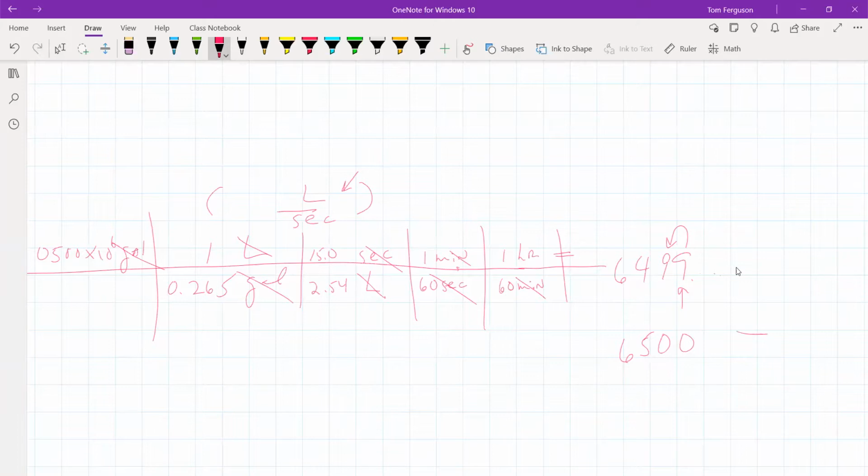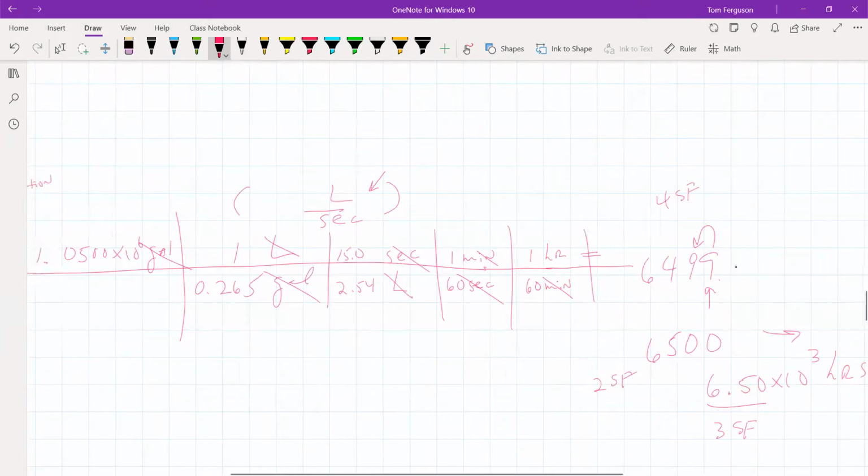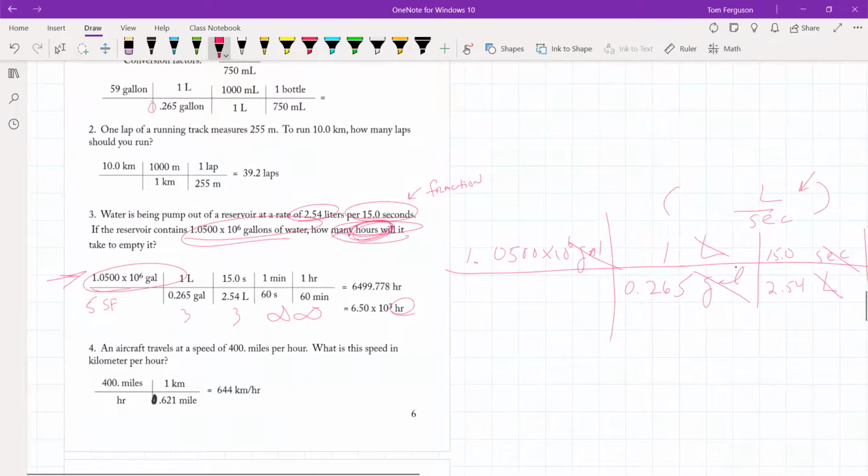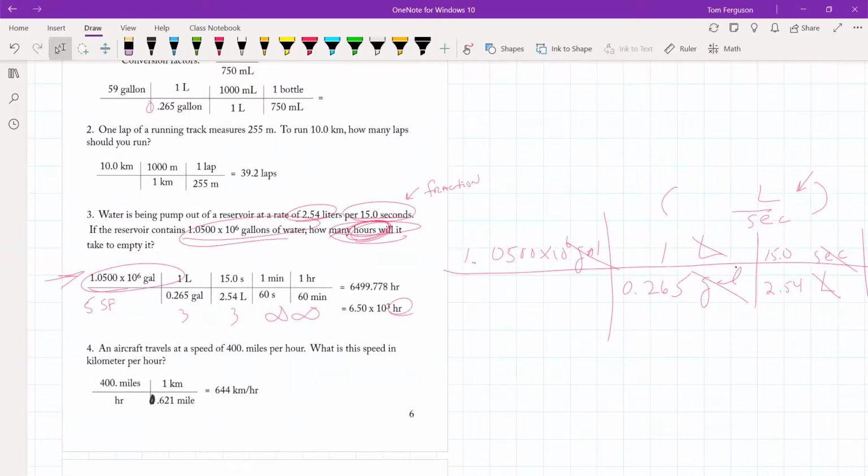What we're going to do is convert that to scientific notation. So that's 2 sig figs, because this is 2 sig figs. This is 4 sig figs. And we want 3 sig figs. All right, so multi-step problems. Now you're going to have some on the test.